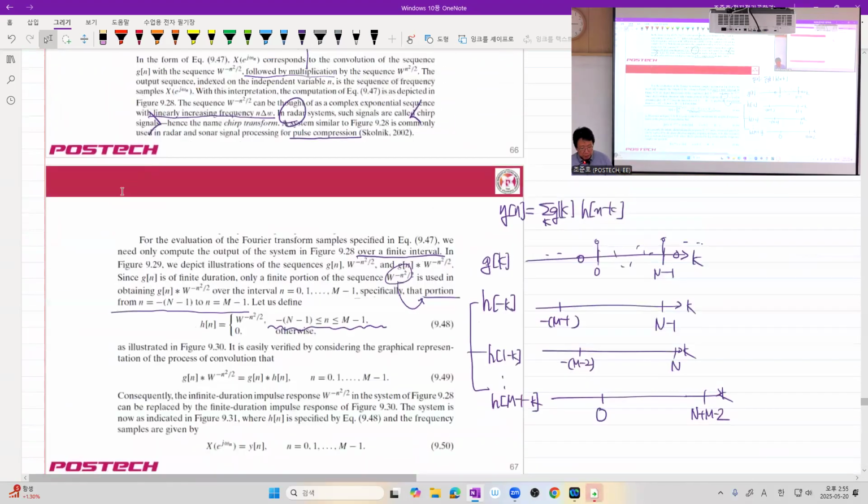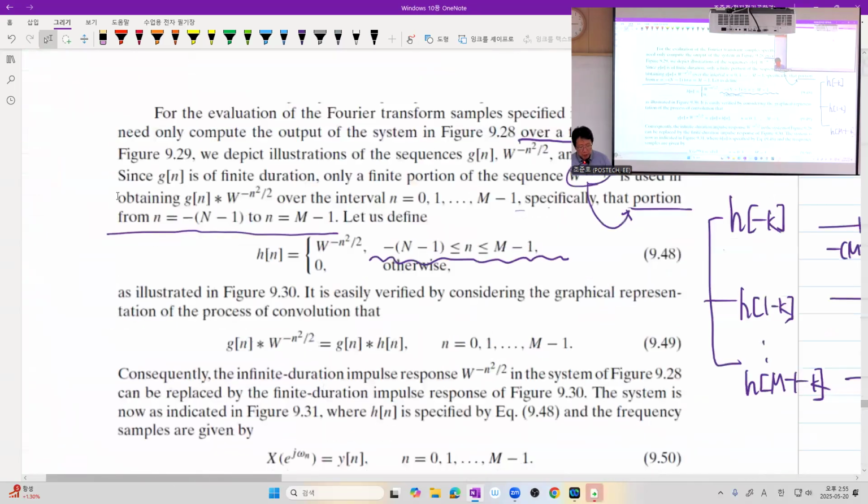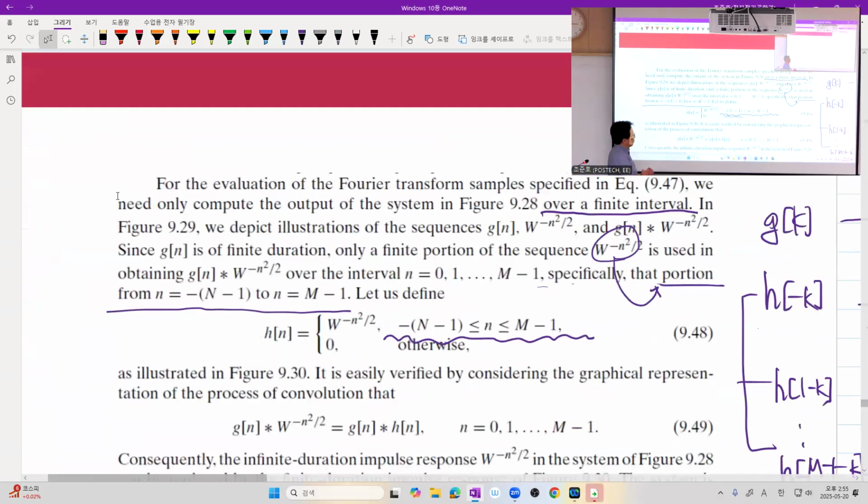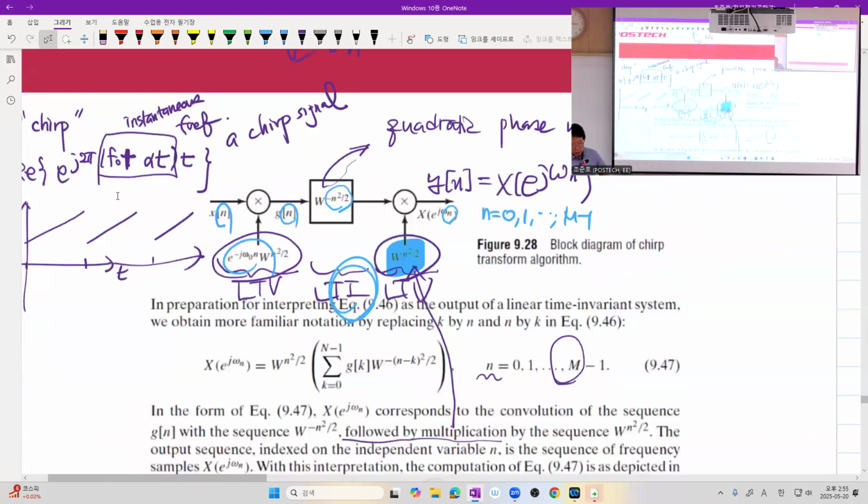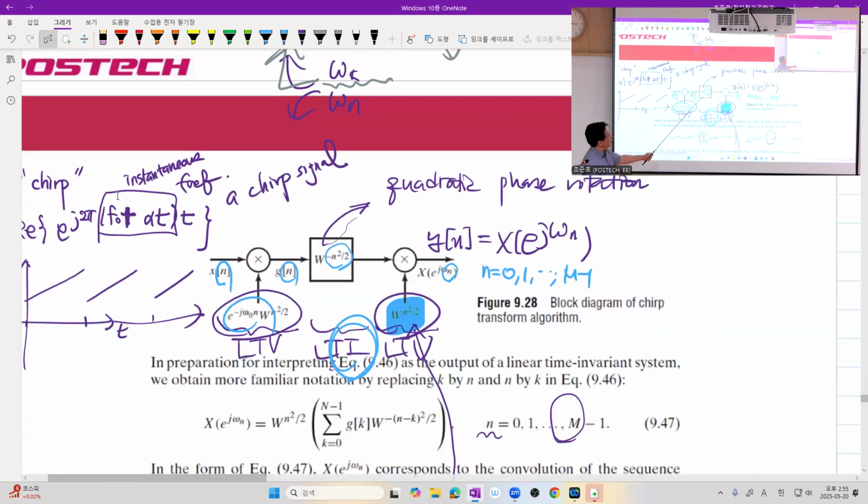By the way, here go some details. We've seen that such a system with this impulse response works, but you may ask, is this impulse response of infinite duration? Then what does that mean? Since you need the output only for finite samples, you can discard countably infinite terms from this infinite signal.